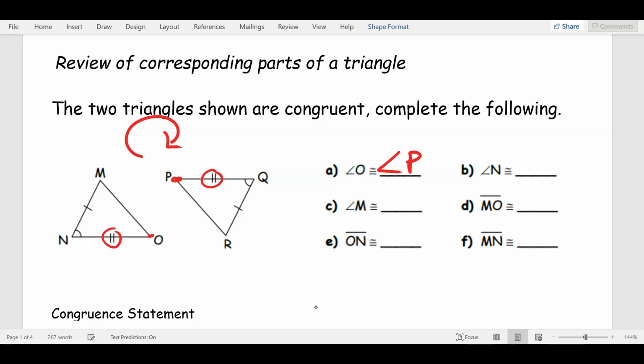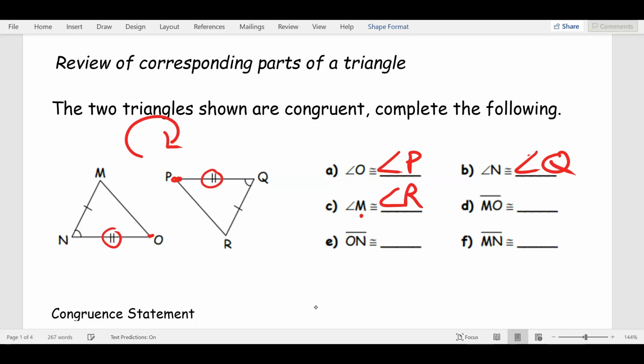What does N match with? The N has one arc. What has one arc on the other one? Q, angle Q, right? Okay, that leaves M with what? Okay, angle R. Now you can use A, B, and C to help you answer these next ones.